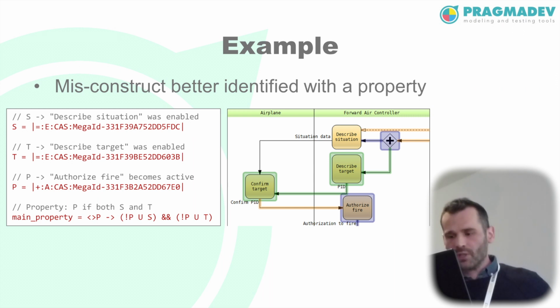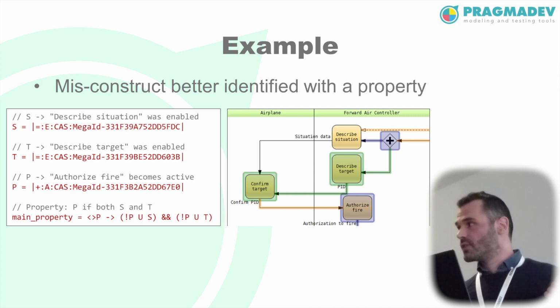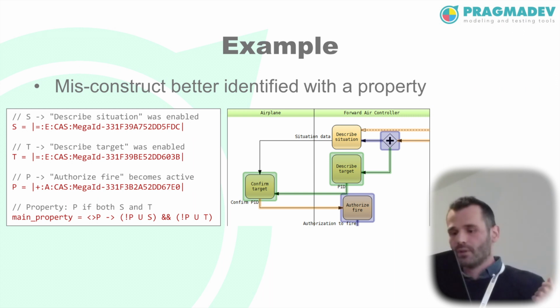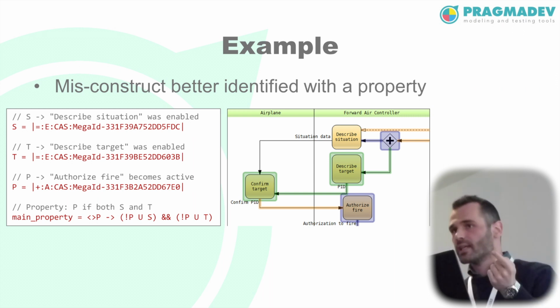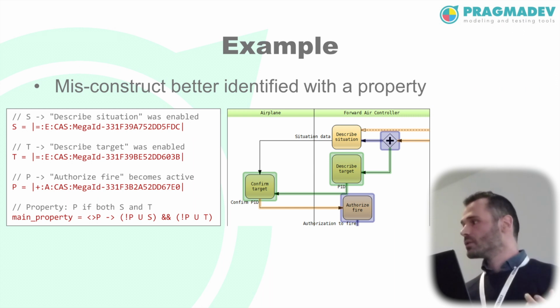We can see in the picture that what we want is to authorize fire when both described target and described situation have been executed previously. But with that implicit exclusive gateway there, we can possibly follow just one of the paths and not necessarily the other, which violates the property.